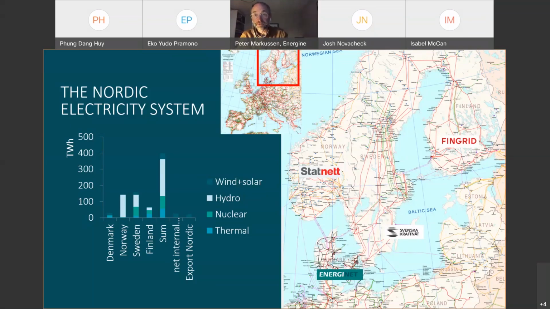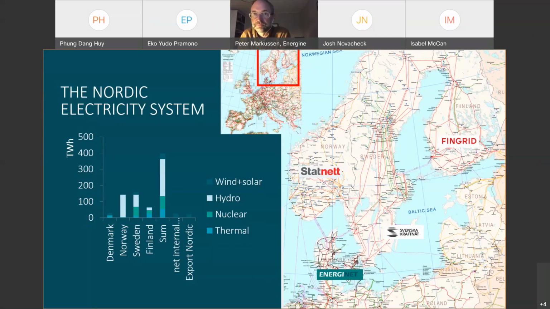Most of the production in the Nordics is from hydro, especially in Norway. Then there is nuclear in Sweden and in Finland. And in Denmark we have thermal capacity, we have wind, and wind and solar are increasing, whereas thermal is being phased out, also in Finland, and nuclear is also partly being phased out.